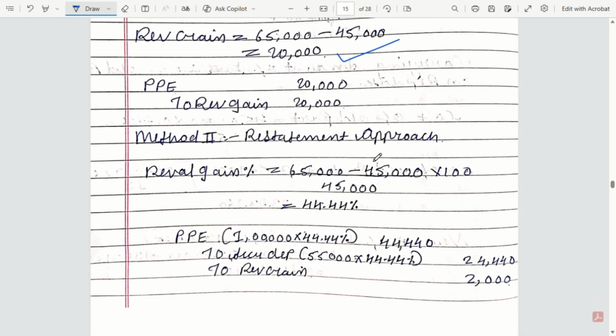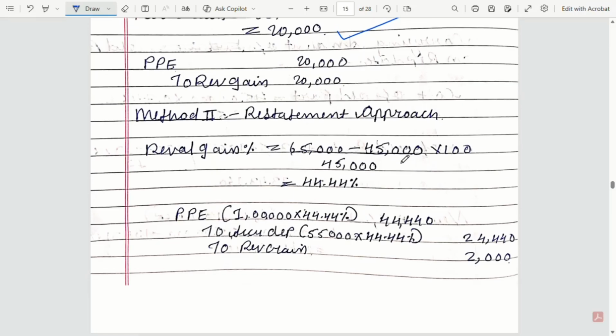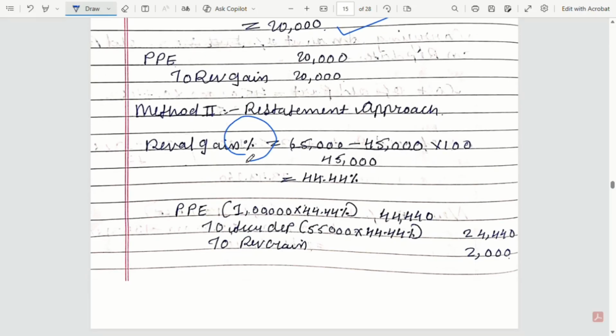Now how are we going to solve this with the restatement approach? First we will calculate the percentage.